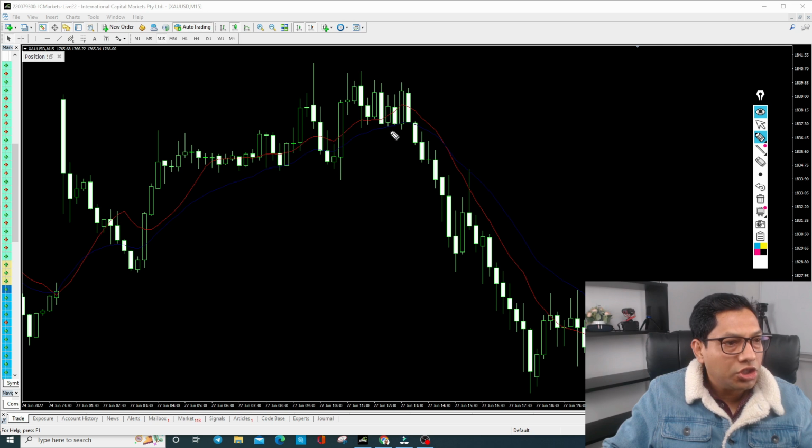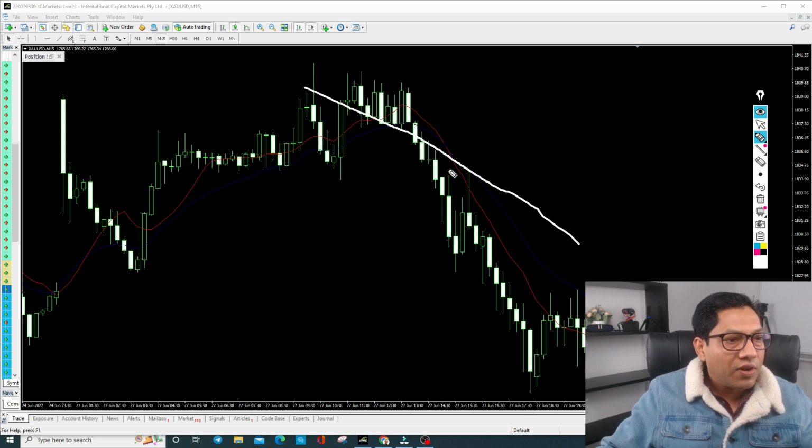With this doji, this is the neckline. It's a bit angular, so if you draw it like that, this is the neckline. From this reversal pattern, gold has broken to the downside. After that, we have seen a test with this doji, but this is not a clear retest.